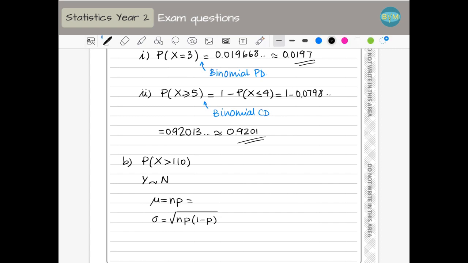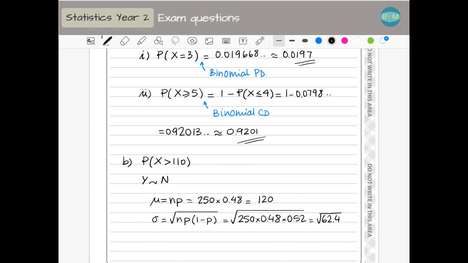So np is 250 times 0.48, because now I have 250 and the probability of success 0.48, and this is 120, and the standard deviation is the square root of 250 times 0.48, and then times 0.52, and this is the square root of 62.4.